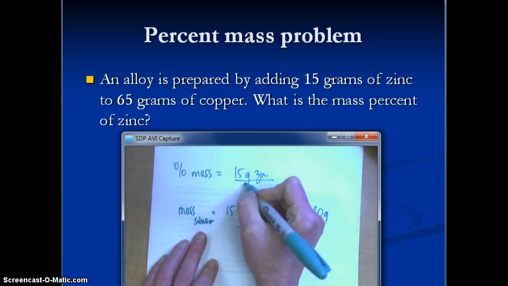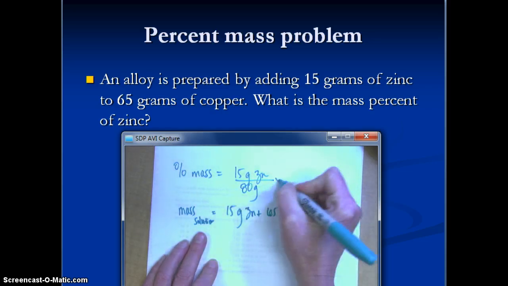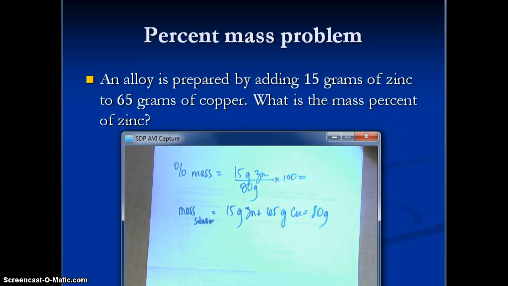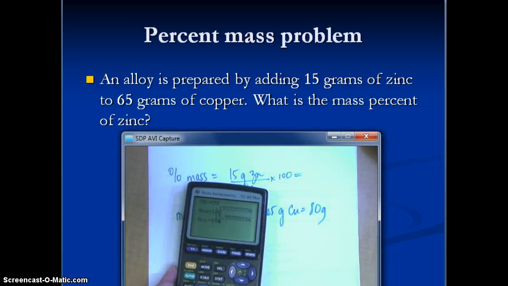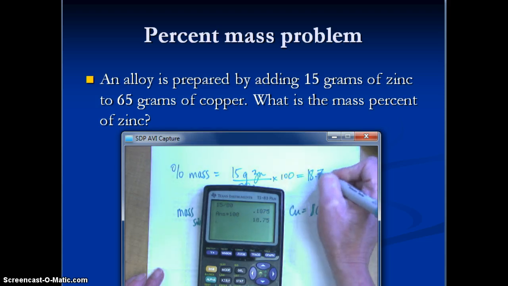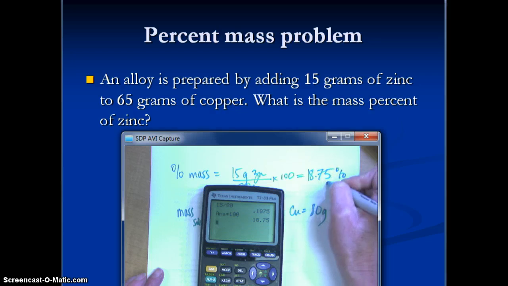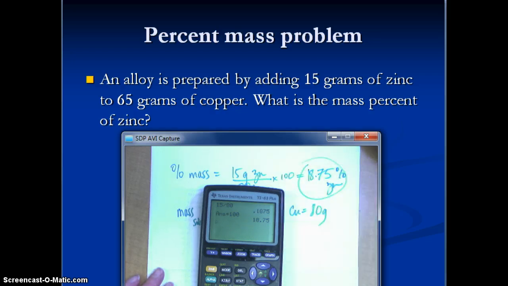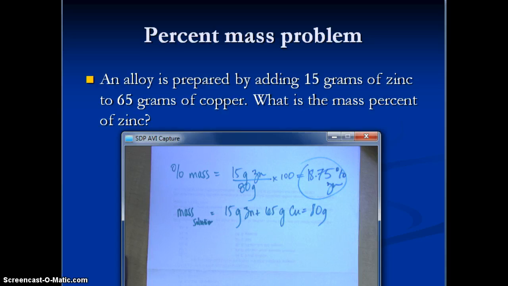And so I'm going to divide 15 by 80 grams times 100. 15 divided by 80 times 100 equals 18.75% zinc. So the majority of that alloy would be copper.